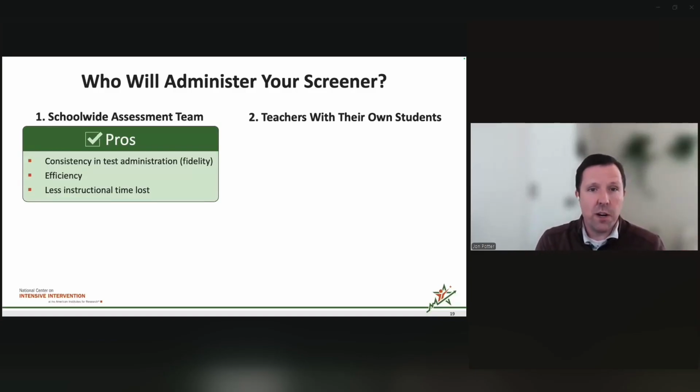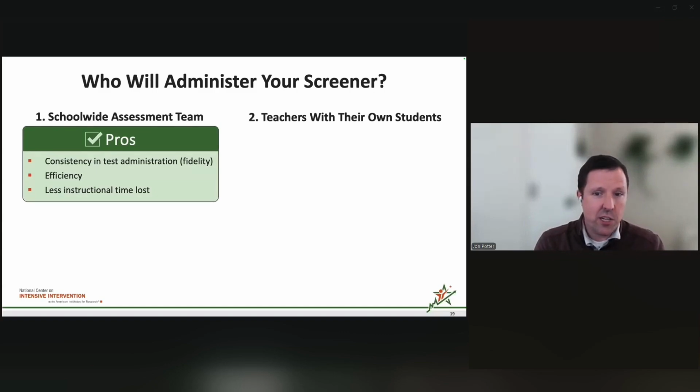It allows me to focus my training on fewer people to have much tighter administration. That's one pro. The second pro is efficiency. This can get completed relatively quickly, as short as a day, depending on how many kids you have and how many testers you have.